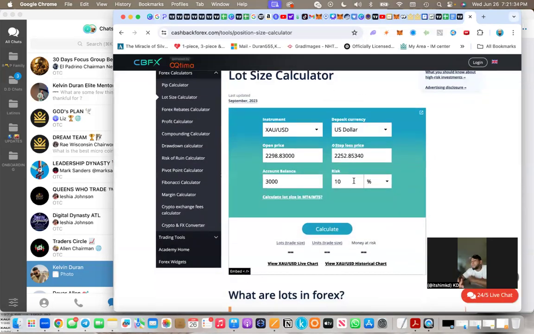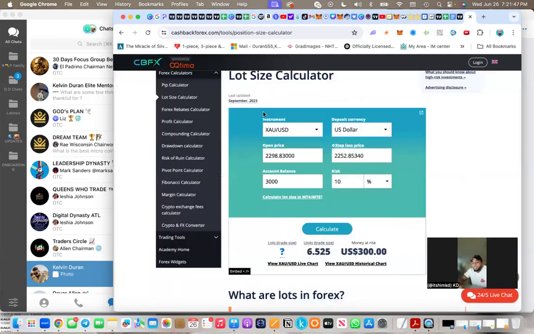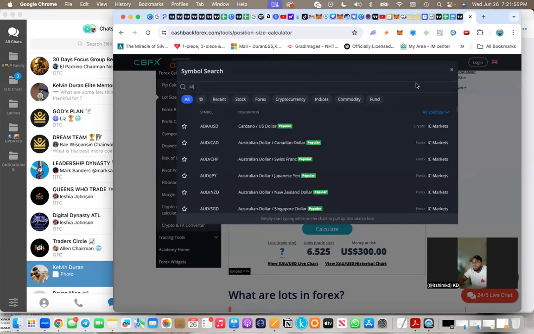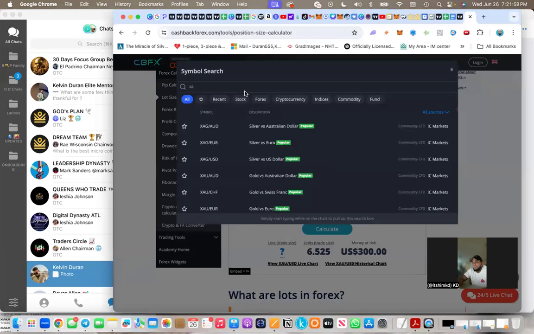Now, the first thing when you're using this, which is important, is it's gonna ask you your instrument, what it is. We right now, we just took a trade on gold, and we could look up gold, right? Gold is XAU USD.